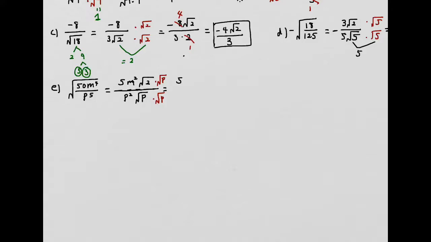Now you have 5m squared square root of 2p over, okay, so this p, you get p, times p squared. So p squared times p, you get p cubed. And it looks like you cannot simplify any further, so that must be it.